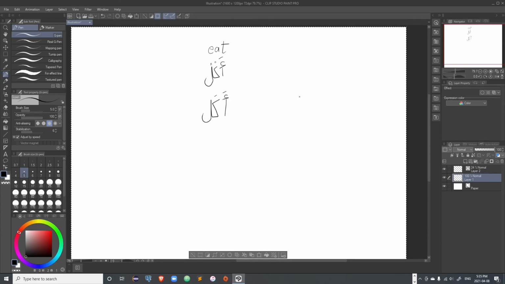Now, if you recall, if I want to conjugate a verb for I or أنا, I always add an alif with a hamza. Now it would be challenging to say أكل. There is a conflict here.